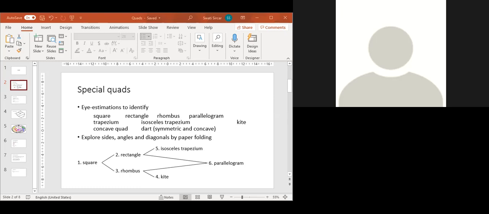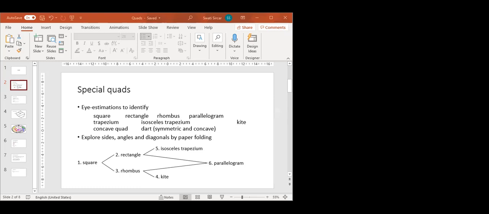Okay. Now think about it. When you are folding, paper folding, in case of a rhombus, you saw how the rhombus was folded into an isosceles triangle, right? If you fold along any of the diagonals, it will give you an isosceles triangle.